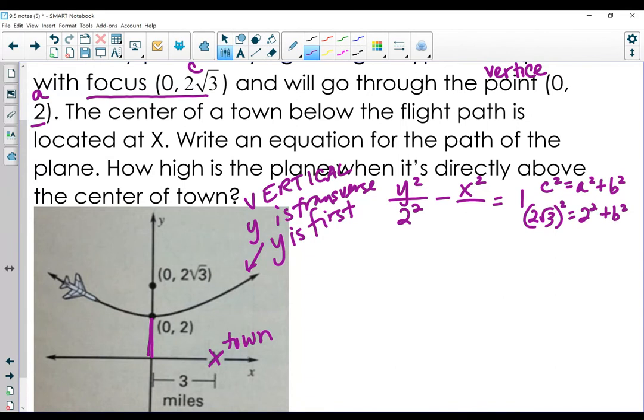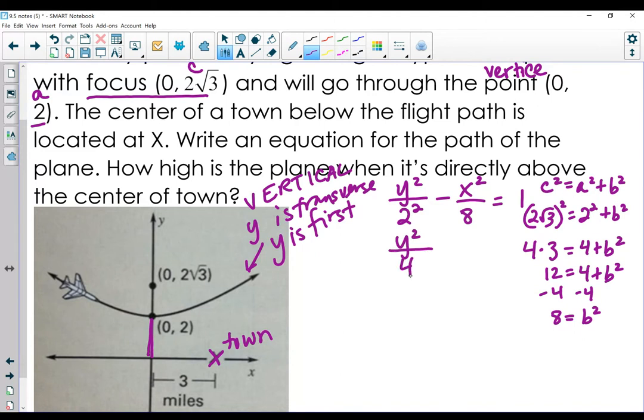When I square 2 square roots of 3, I have to square the 2 and the square root of 3. So 4 times 3 now equals 4 plus b squared. So we will have to subtract 4 on both sides. And then again, even if I find the value of b, I have to go back and square it anyway for my equation. So I'm just going to stop here and write 8.